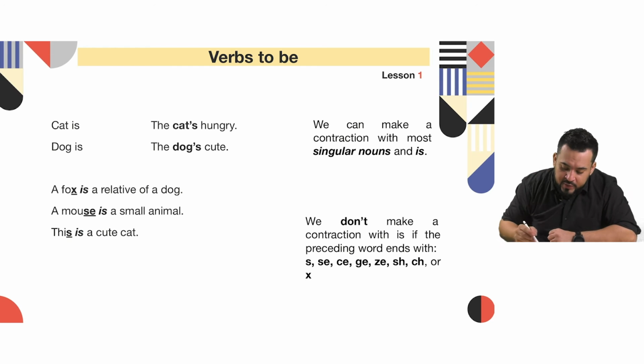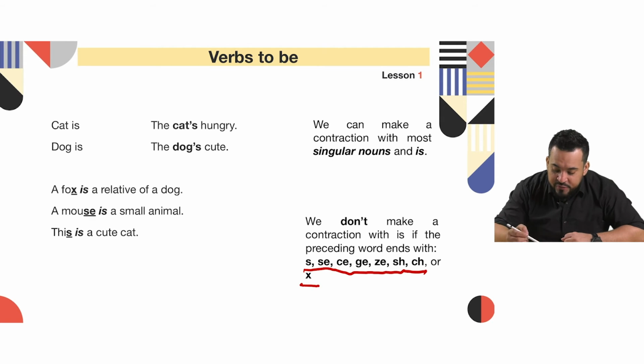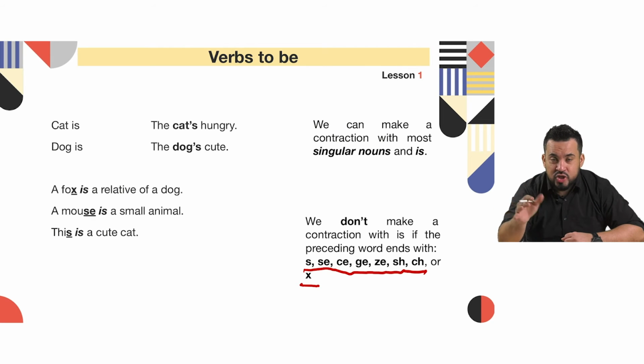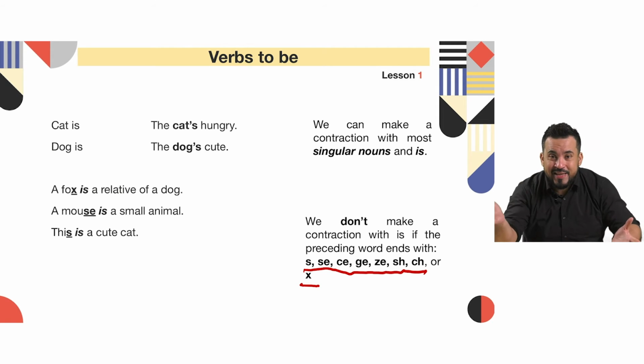Okay, keep that in mind. Here, you see these letters right here? S, SE, CE, GE, ZE, SH, CH, or X. If the word ends with any of these, we never use contraction. It would be wrong. Okay, so what do we do? We just use the verb to be as it is.